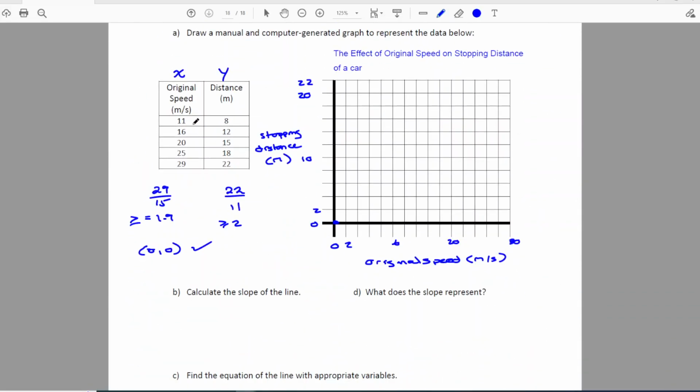And then we're going to plot our other points. So when our original speed is 11, our stopping distance was 8. There's no way I would read that as a 10. 2, 4, 6, 8, 10. Okay, so 11 would be halfway between 10 and 12, and then 8.